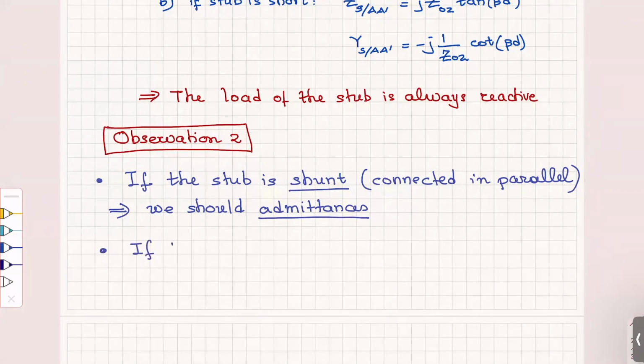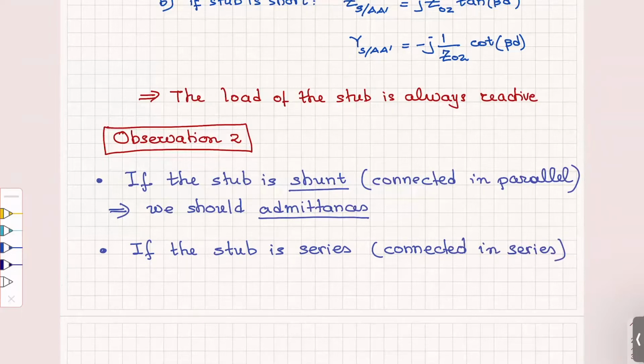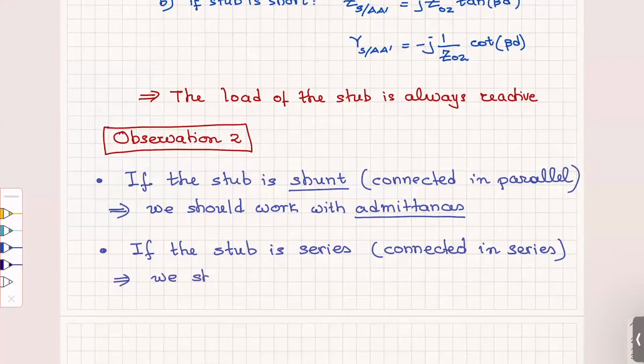If the stub is series, meaning connected in series, then we should work with impedances. These are things we need to remember.